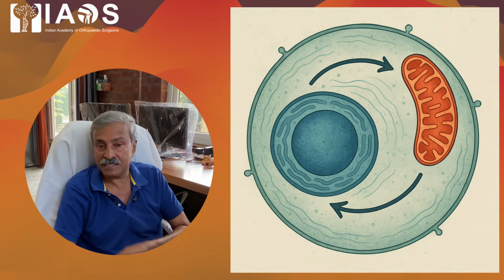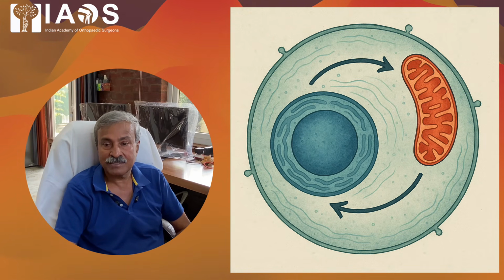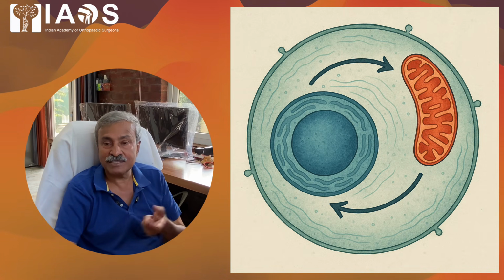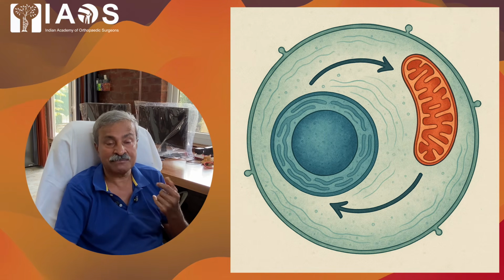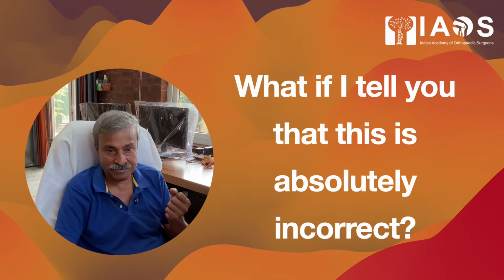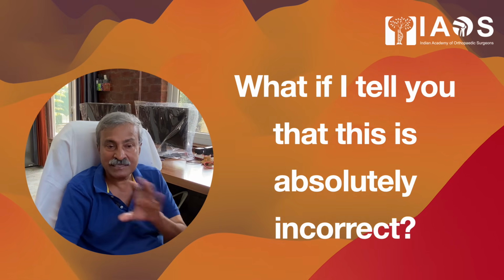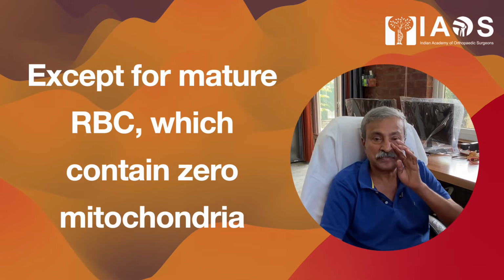This is the picture in the 8th standard biology book, the 2nd year BSc zoology book, and our medical textbooks of histology. What if I tell you that this is absolutely incorrect?